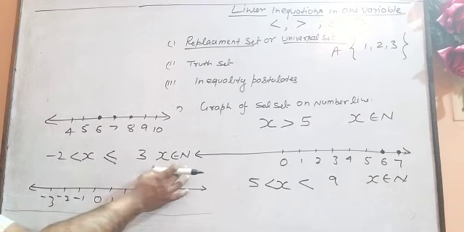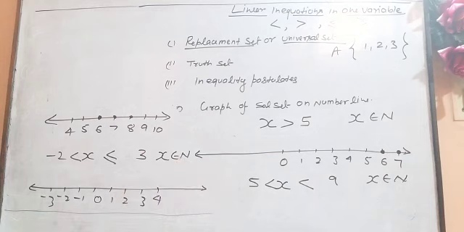We have to consider the natural numbers. Between -2 and 3, the natural numbers will be 1, because -1 is not a natural number, 0 is not a natural number. Now come to 1, 2 and 3 also, because it is written here equal to 3. So natural numbers will be 1, 2 and 3. This is the graph for this inequation.